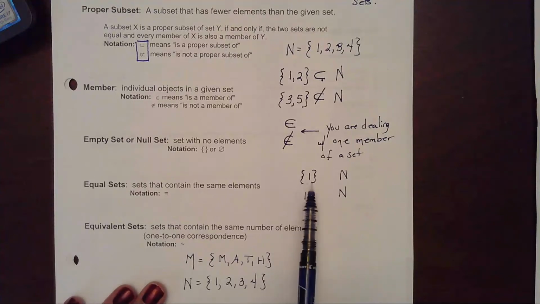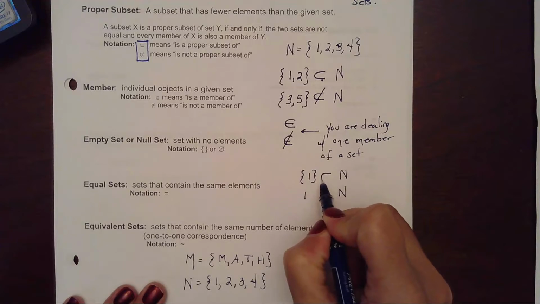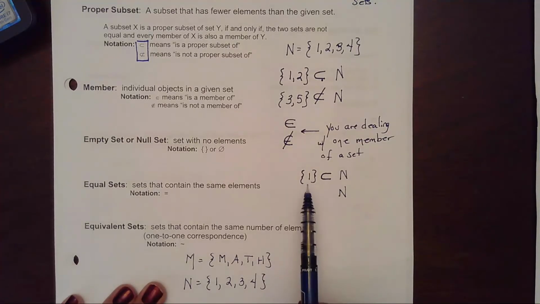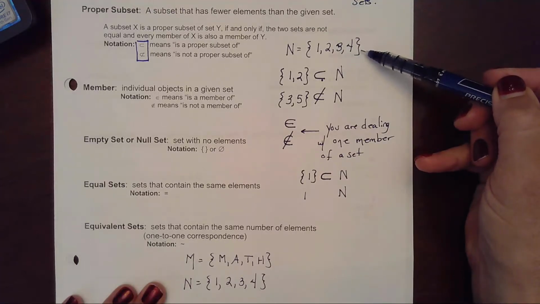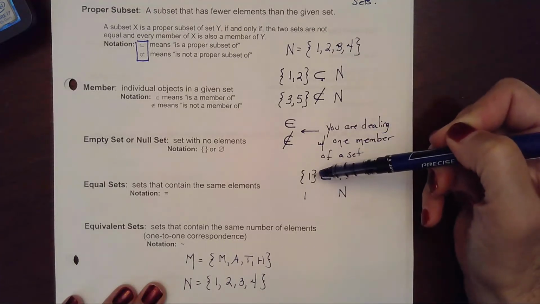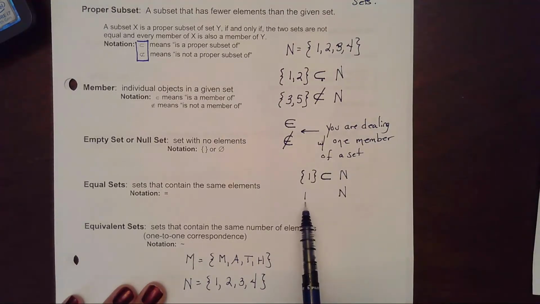Since you have the squiggle brackets, this is defining a set containing the element 1. Since we're dealing with set notation, we're going to use this and say, yes, every member of this set is also a member of how I defined N. So this set is a subset of N. Do you see that there's no squiggles here?